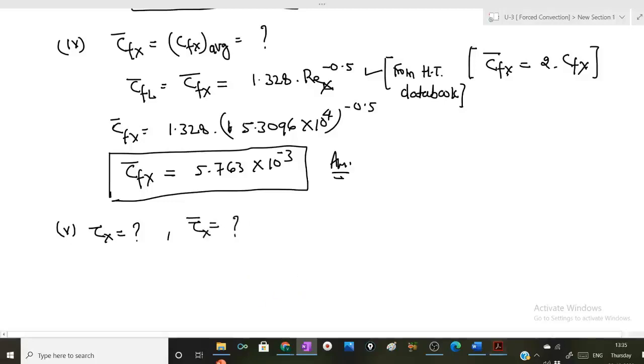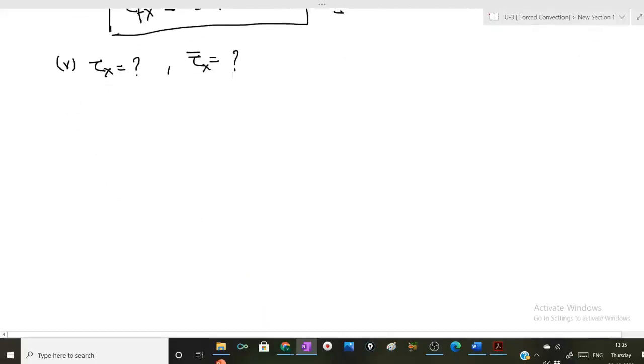So can someone suggest me the formula for local shear stress? Now this formula is not given in the data book, so I have to remember this formula. Local shear stress due to flow over the flat plate up to the distance x can be given as, you have to remember this formula, I have discussed this that day: CFX times rho u infinity square by 2, and shear stress value is nothing but Newton per meter square.